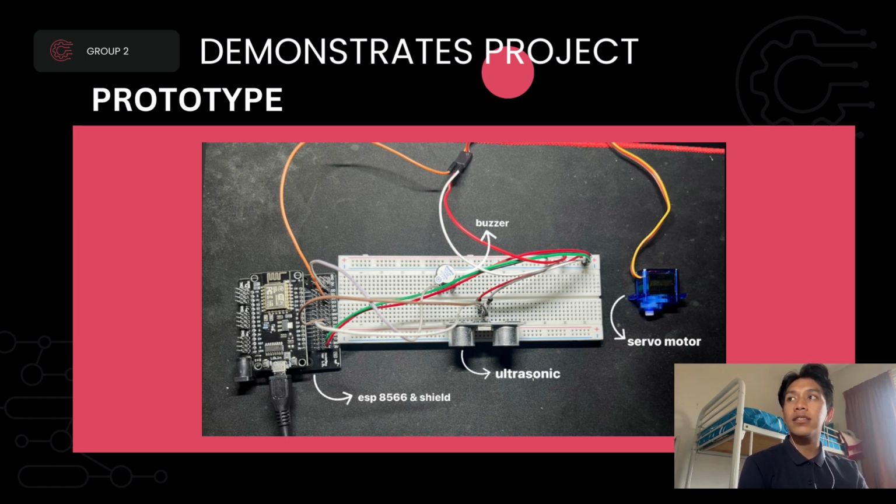Next, for the buzzer, we connect it on pin number 0, and for the ultrasonic sensor, we connected it on pins 6 and 7, and for the last one, the servo motor, we connected it on pin number 2.